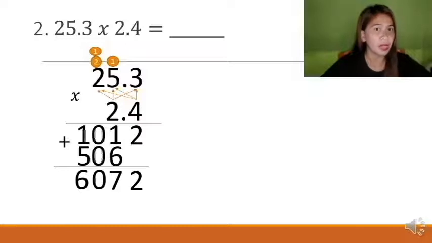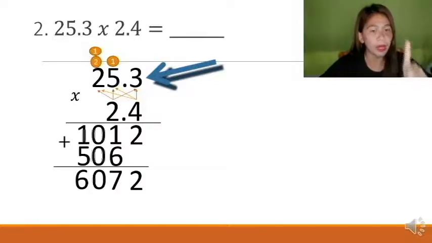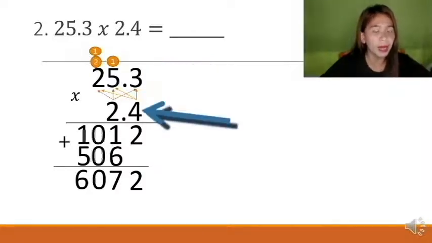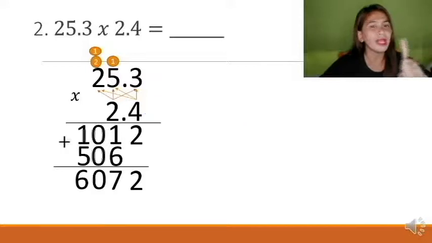Mubalik ta sa step 2, atong i-count ang decimal places sa mga given. So, sa first given, 25.3, pila man kabuok decimal places? Okay, usa, 0.3. Sa ikaduha, 0.4 man siya. So, usa rasad. So, atong i-add. 1 plus 1 is 2.